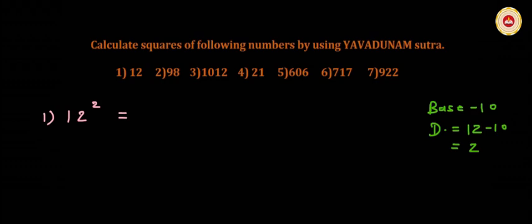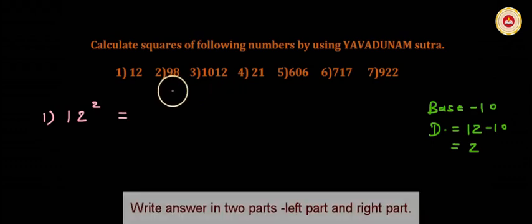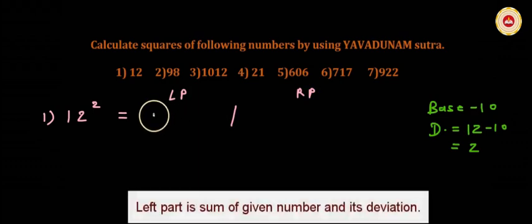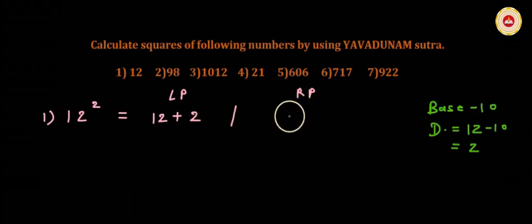Now, let us obtain the answer. Let us write the answer in two parts. This is the left part and this is the right part. Let us draw a slash. Right? Now, what is the left part? Given number 12 plus its deviation, that means 2. This is the left part. Now what is the right part?